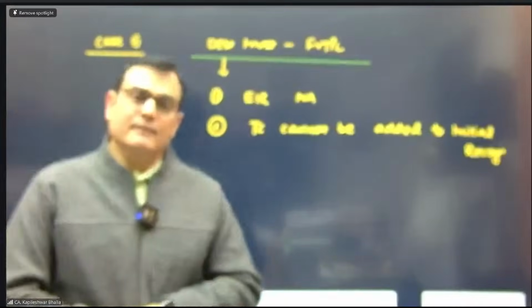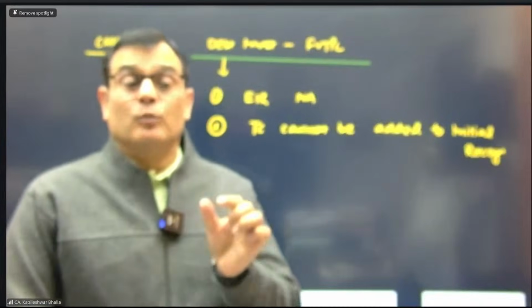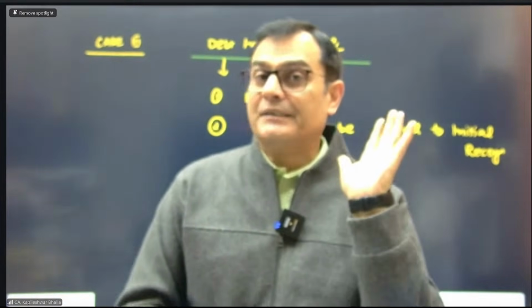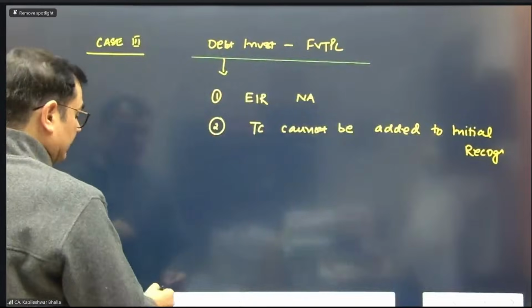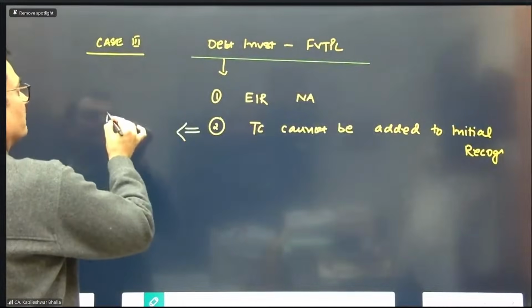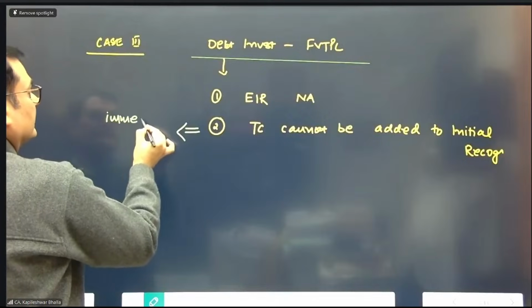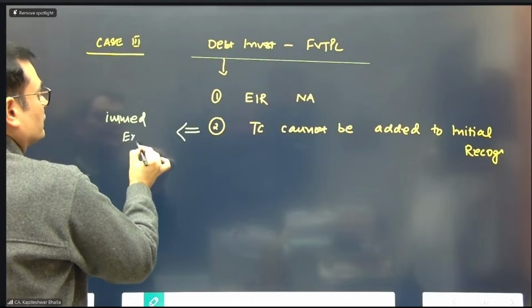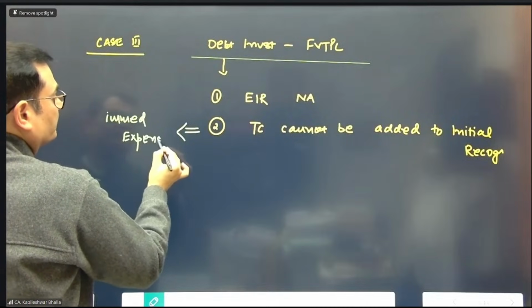Unlike AC, unlike OCI, where the issue cost, the TC was added to the financial asset, in this case, it cannot get added. In this particular case, this transaction cost is immediately expensed to the P&L. It is immediately expensed to profit and loss account.